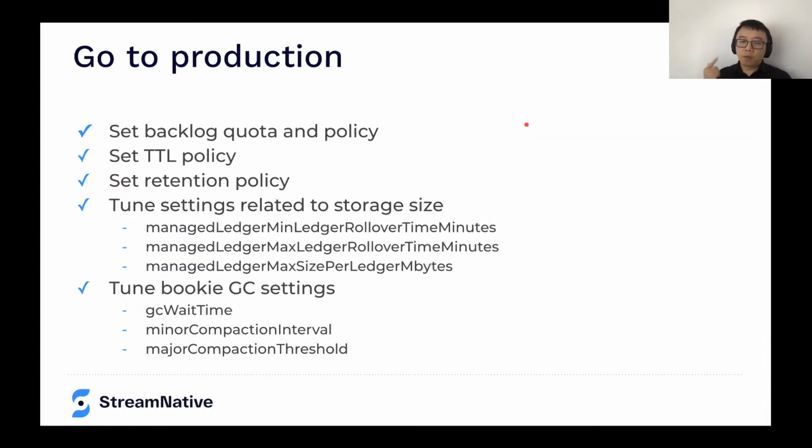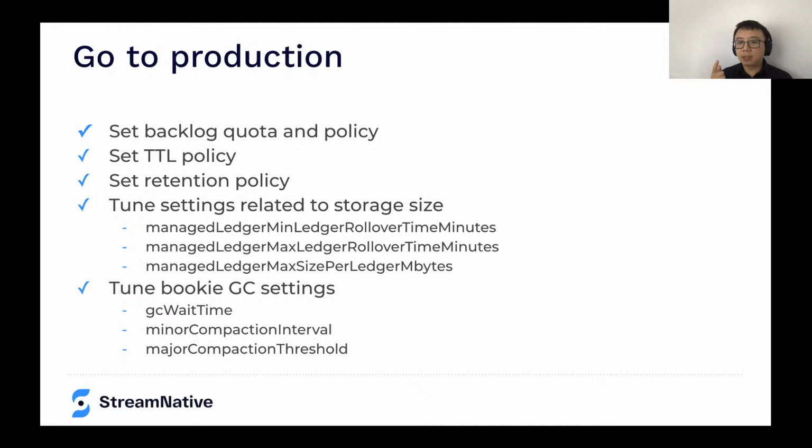So for using Pulsar in production, you should really check the following settings before going live. That is the backlog quota policy, and specify TTL based on your use case. Specify the retention policy based on your storage capacity.